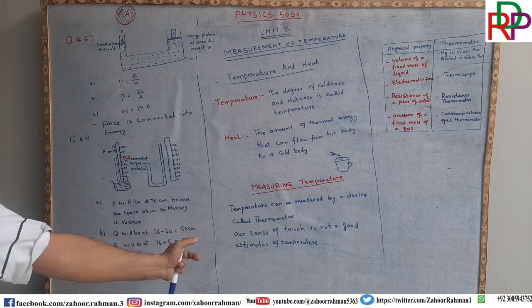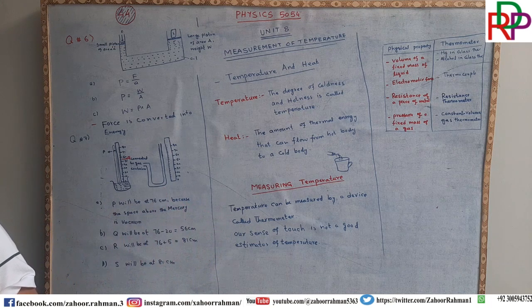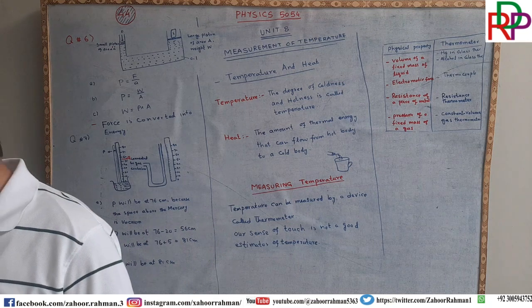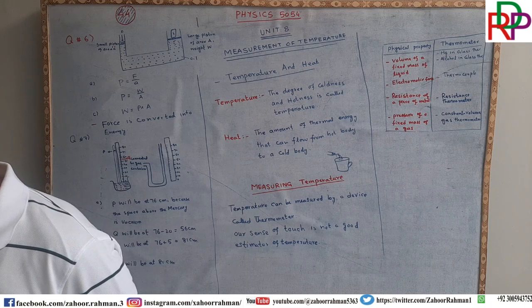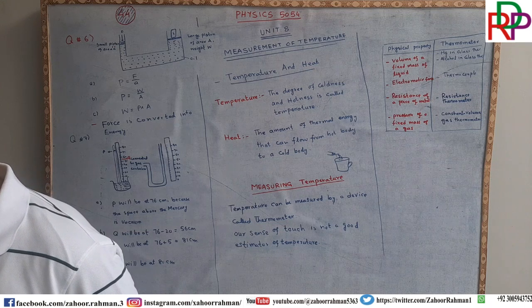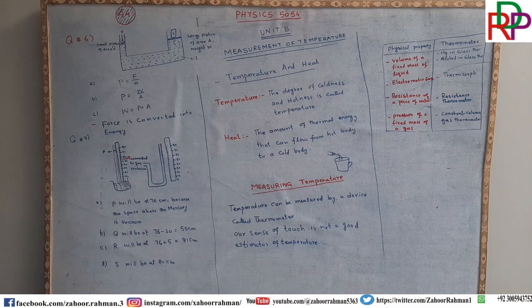Okay, now in C part they are saying mark on the manometer. First was barometer, and the second is manometer. So they are calling us to deal with the manometer in this case. A point R where the pressure is 5 centimeter of mercury higher than atmospheric pressure.